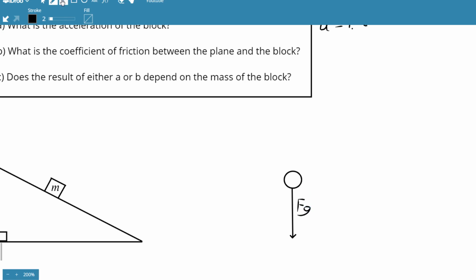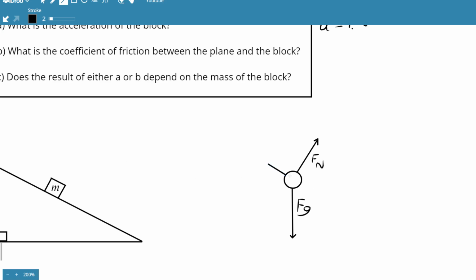Then it has normal force, which is perpendicular to the plane it's on. That's up here. Fn. Then it's asking for coefficient of friction, so we know there has to be a friction force.